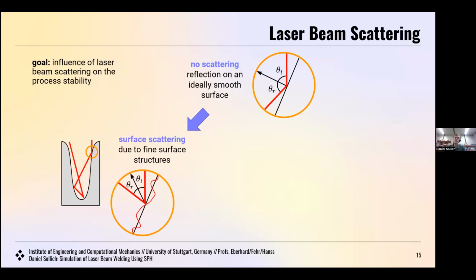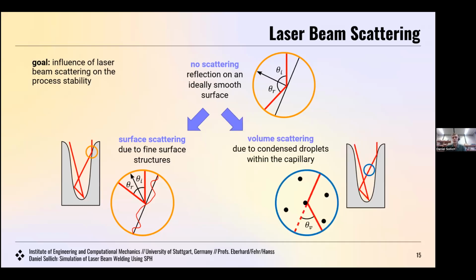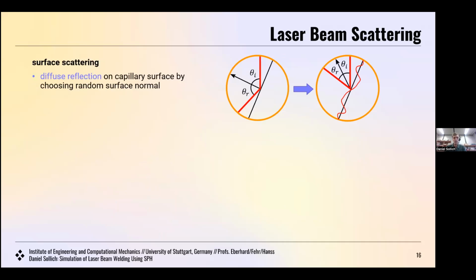What we can now examine is surface scattering due to fine structures on the surface, or even volume scattering due to condensed droplets within the capillary. How do we model those two effects? We model surface scattering by assuming a diffuse reflection of the laser beam on the capillary surface. So therefore, we just need to define a random surface normal.